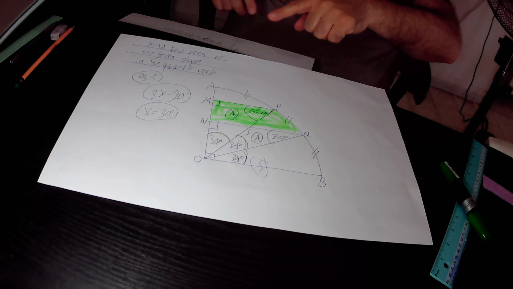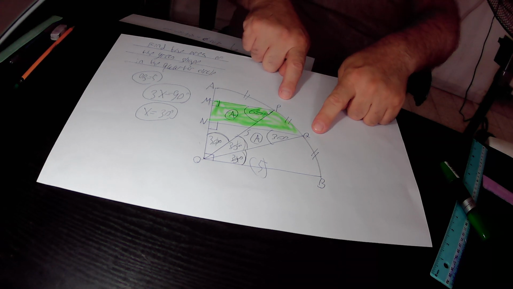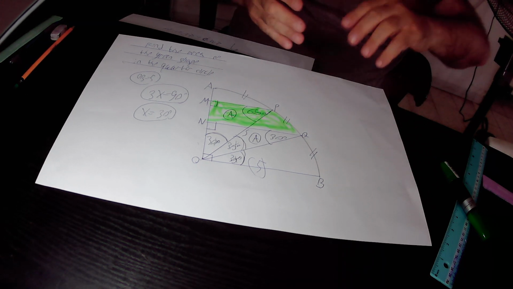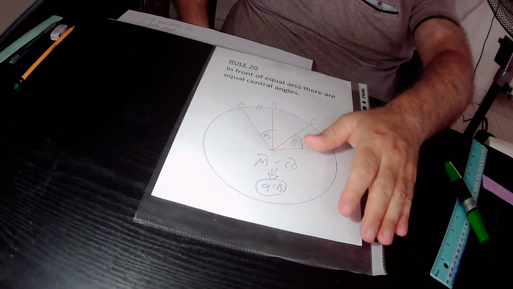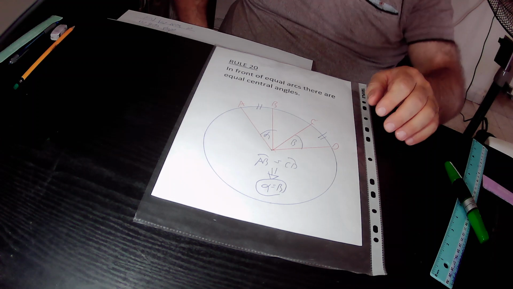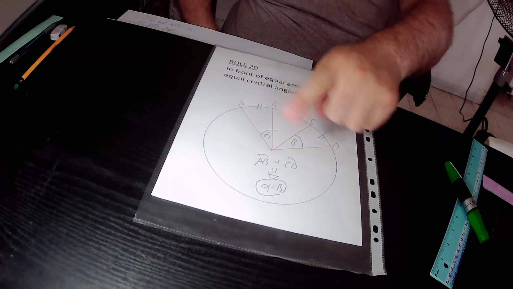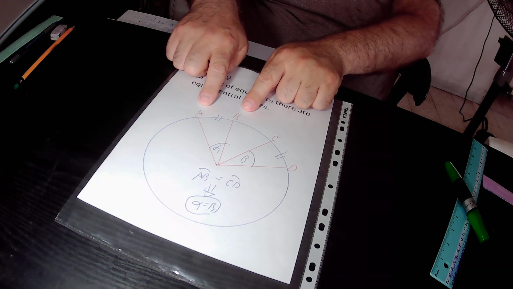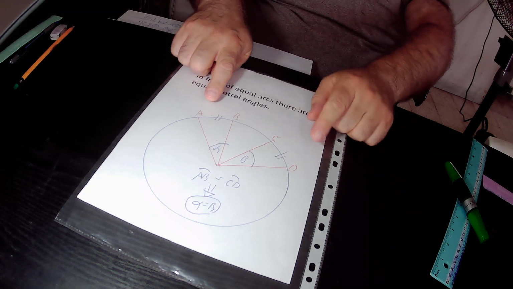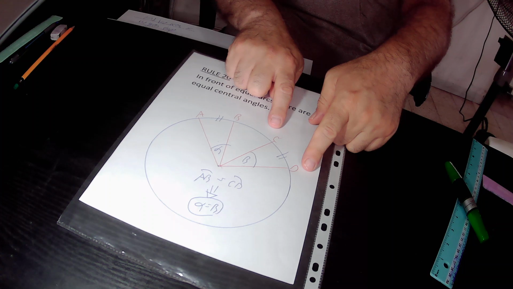Because arc AP equals arc PQ equals arc QB, we can implement rule 20. So repeat quickly rule 20. According to rule 20, in front of equal arcs, there are equal center angles. So in the drawing, we have a circle, and this arc AB is equal in length to this arc CD.